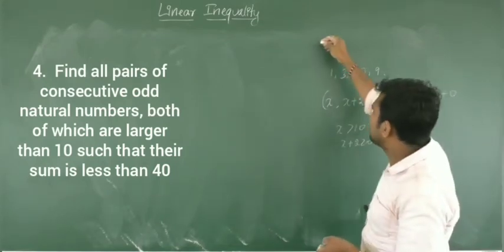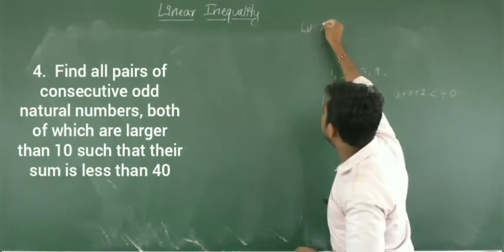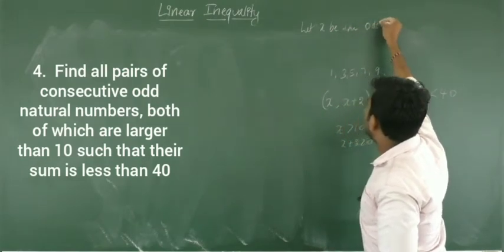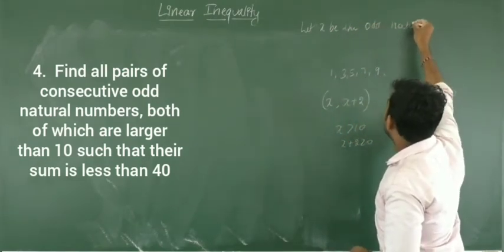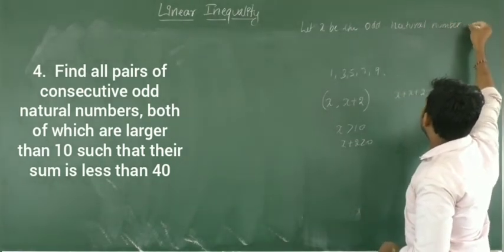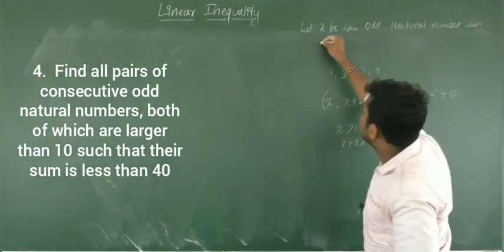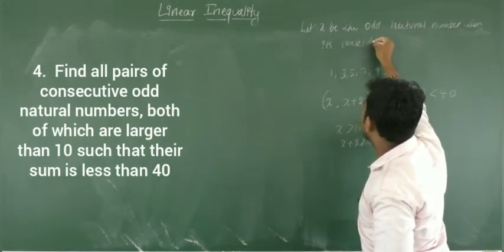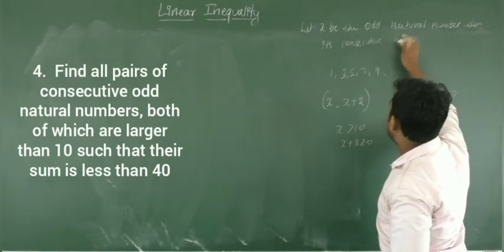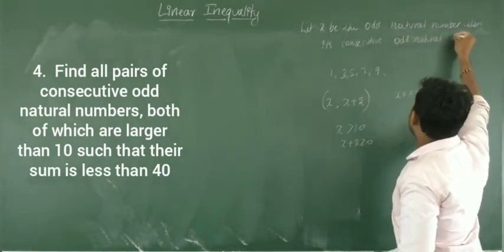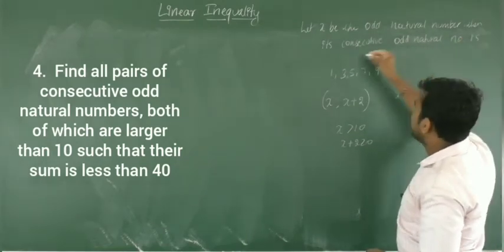So let me consider first: let x be the odd natural number. Then its consecutive odd natural number is x plus 2.